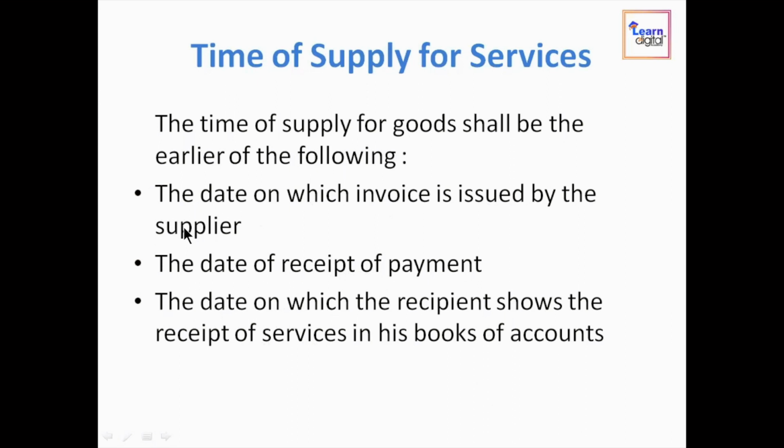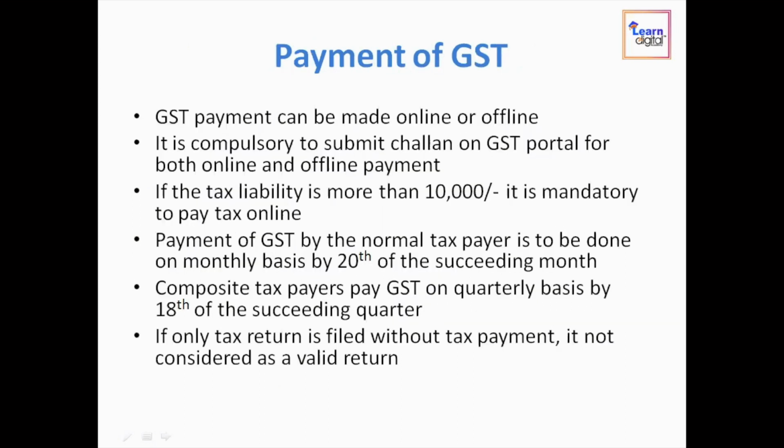The first date is the date on which the invoice is issued by the supplier, so the date of invoice. The second is the date of receipt of payment, so advance received. And the third is the date on which the recipient shows the services received in his books of account. Whichever date is earlier is the time of supply for services.